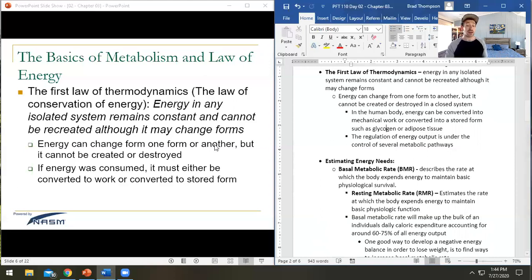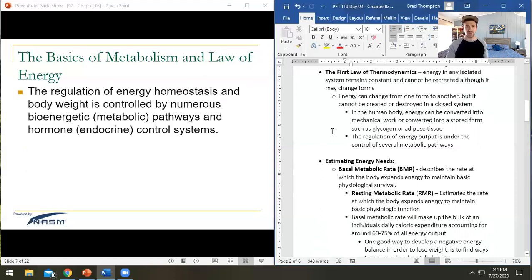So for the record, one thing to remember about all of this is that the regulation of all this energy output is definitely under the control of a lot of different parts of your metabolism. A lot of people think that your metabolism is simply the number of calories that you burn every day, and that is true. That is a big part of what we're saying, but it's all mechanical.